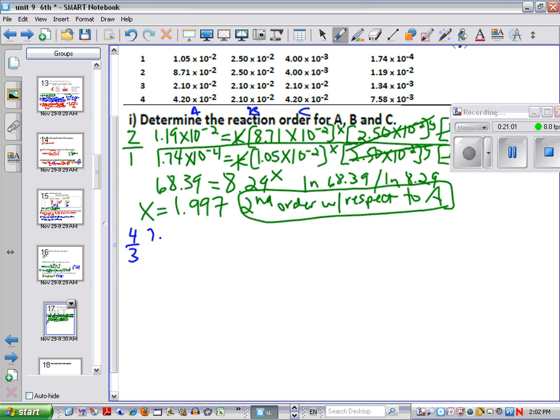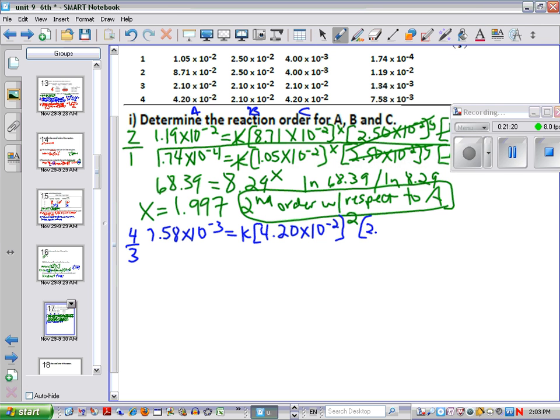So this is 7.58 times 10 to the negative third equals K times 4.20 times 10 to the negative second, but we know that this is a 2. I'm going to do it in green since we got it from the green.